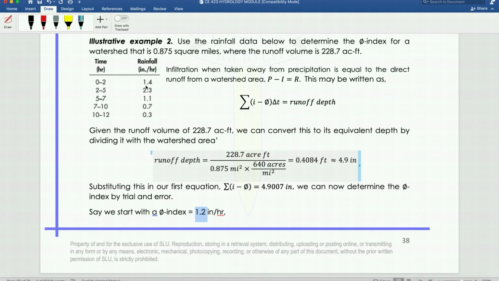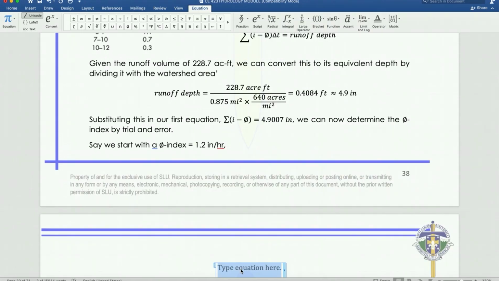Since we had rainfall from 0 to 1, there is a rainfall here. It has just started, so it cannot be that it does not penetrate the soil. So, as much as possible, the phi index should not be greater than 1.4. So, we assume here 1.2 inch per hour.